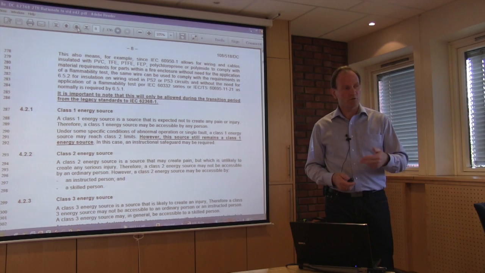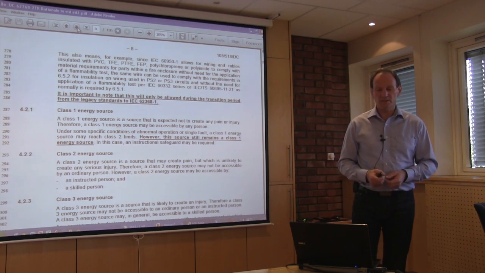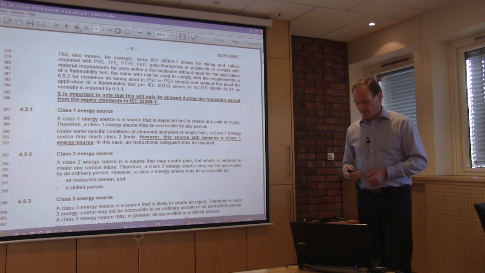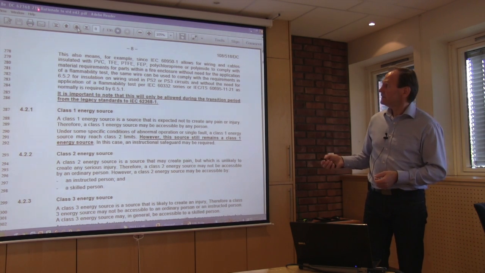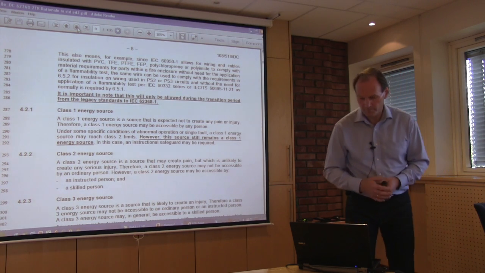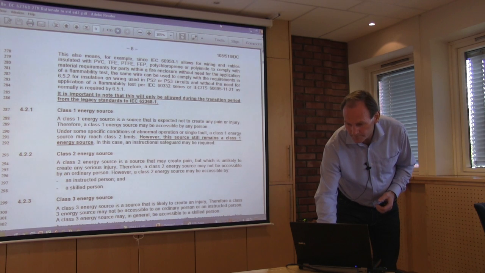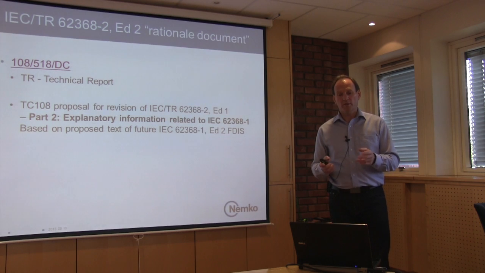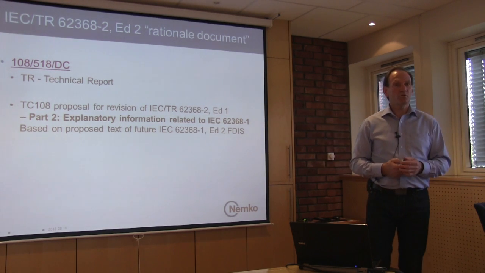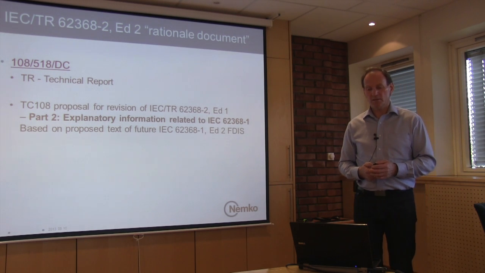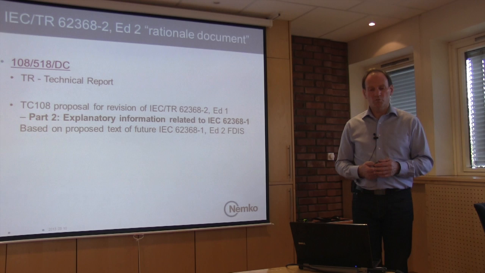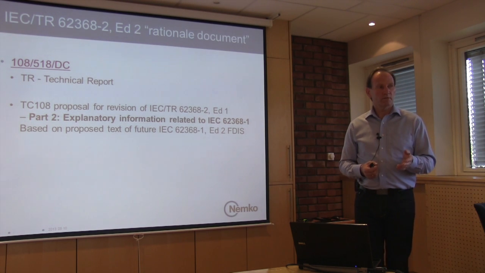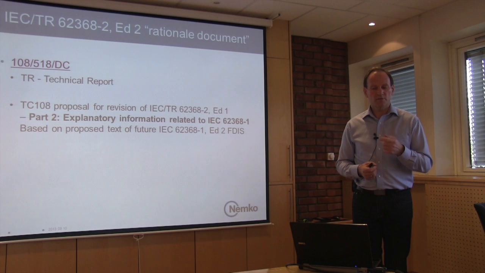So this will be a living document, and this is, as I mentioned, a technical report. It's not the standard, TR, technical report. This document is also on the intranet, so you can look at this draft document, and I think it's quite useful when you read the different clauses in the standard. Look into the rationale document also to get some more background.